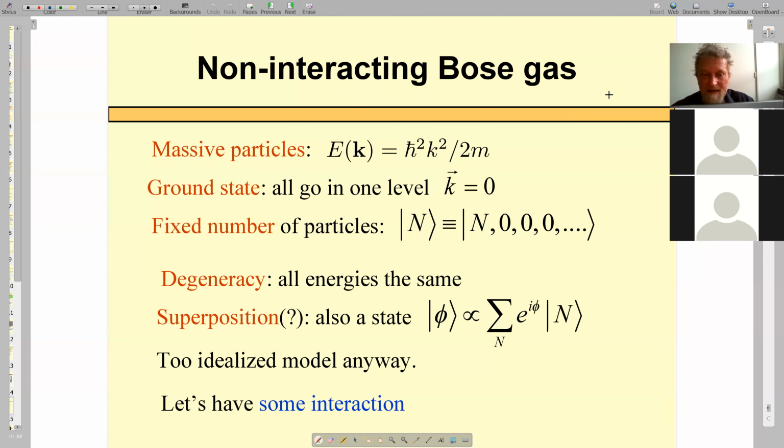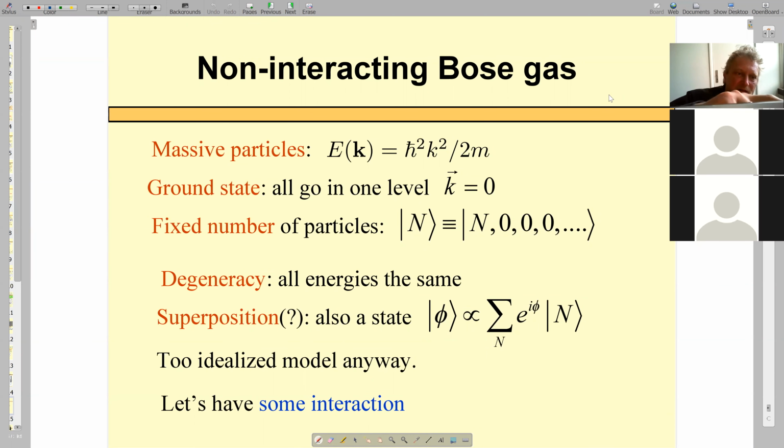Let us talk about this in detail. First of all, let us consider a non-interacting Bose gas, and already here we understand what is going on, why there is such a strange state.